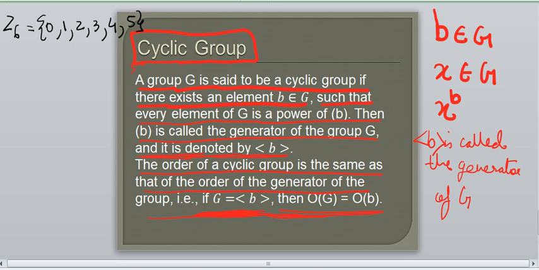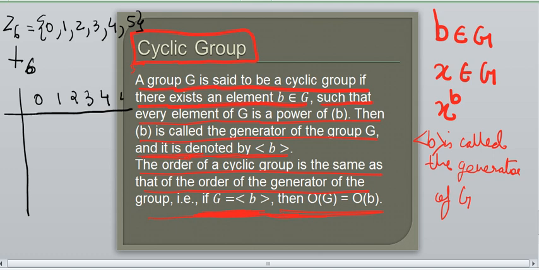It is with addition modulo 6. Now let's do this, then we'll understand. So we have 0, 1, 2, 3, 4 and 5 under addition modulo 6.